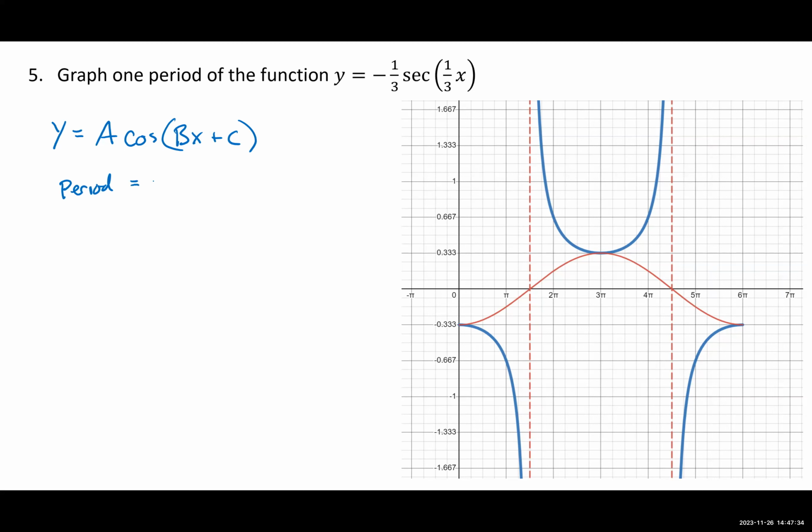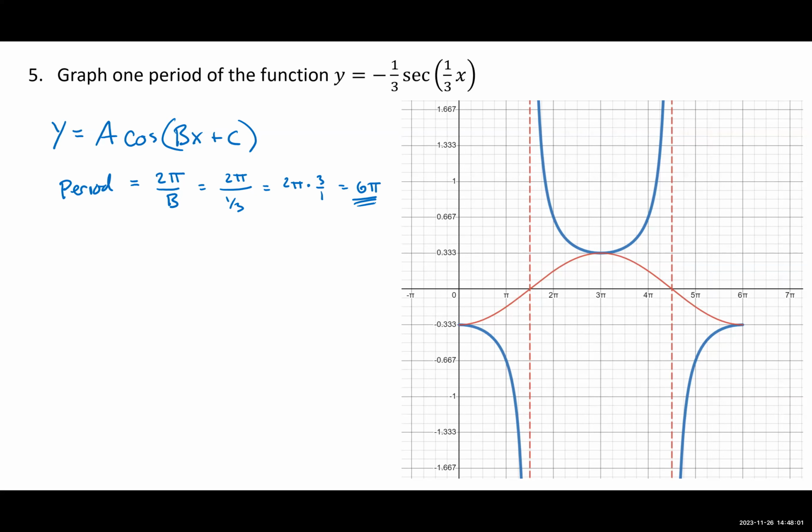So the period is equal to 2 pi divided by b, which in this case is 2 pi divided by 1/3, which would be 2 pi times 3/1, which is 6 pi.